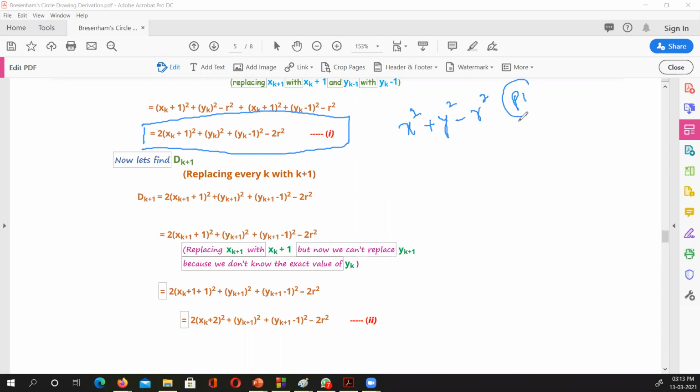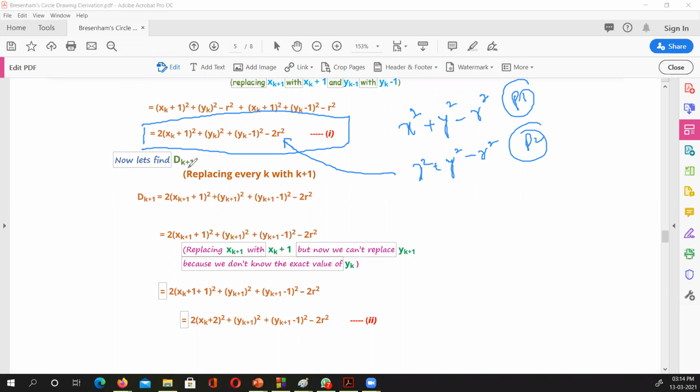I did it for P1 also, I did it for P2 also. You can just remember it properly, it's not a big deal to understand. So for P1, x is xk plus 1, y is yk, and for P2, x is xk plus 1 and y is yk minus 1, and then add them together to get this equation, right?